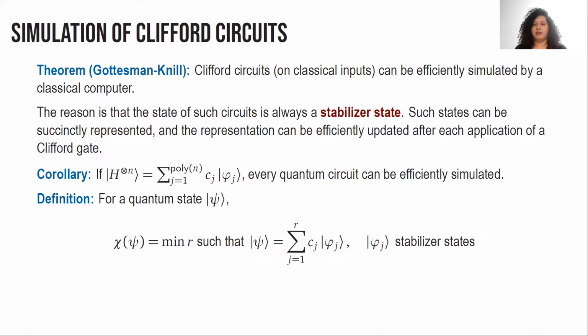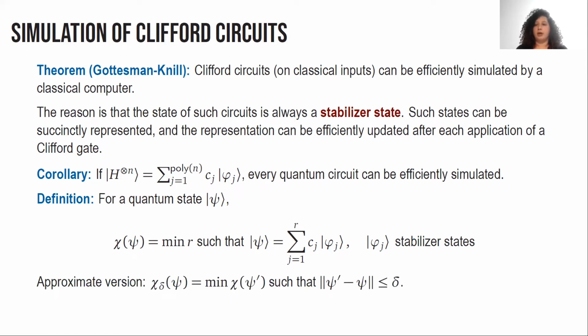This motivates the following definition of what we call the stabilizer rank. For a quantum state psi, we define chi of psi to be the minimal R such that psi can be represented as a linear combination of R stabilizer states, any R stabilizer states. And because we work with approximation a lot, we also need to define the approximate stabilizer rank.